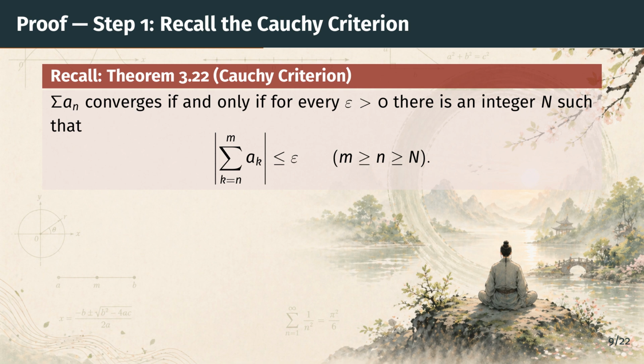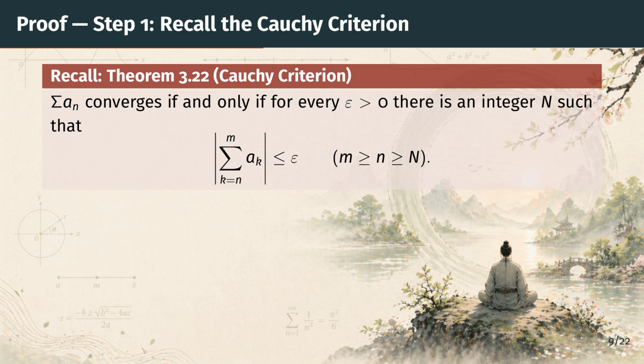Precisely, for every epsilon greater than 0, there is an integer capital N, so that the size of any block of terms from index n to index m stays below epsilon, as long as both indices are at least capital N. The advantage is that this is an internal test. It never mentions the limit, only the terms. Since we are assuming the series of sizes converges, that series satisfies this same criterion.